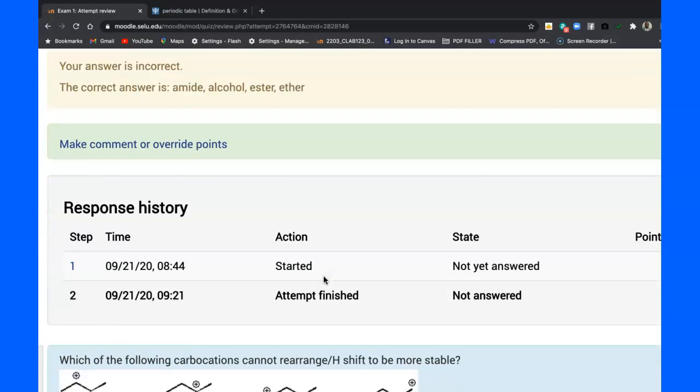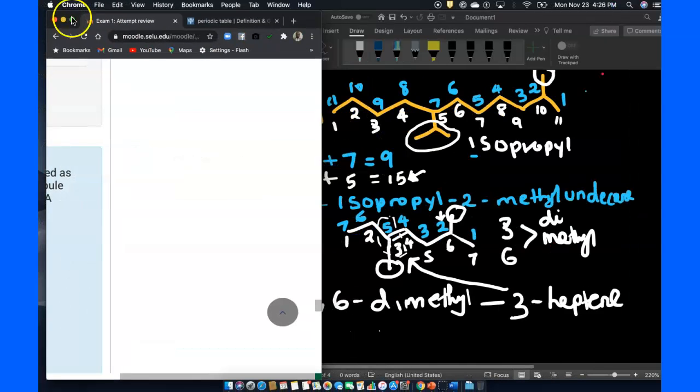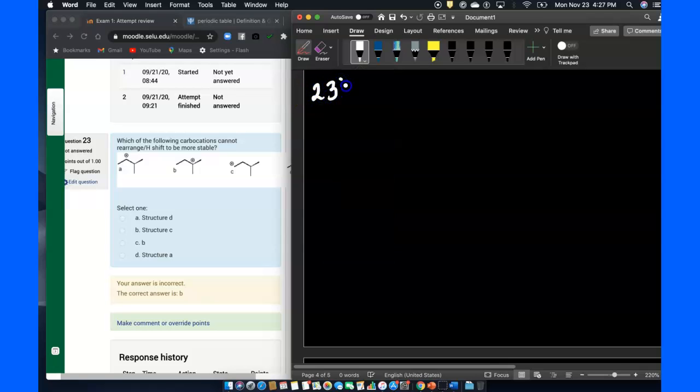And then the next one, which one can rearrange out of this? Let's see if I can explain that on here. Which of the following carbocations cannot rearrange by hydrogen shift to be more stable?